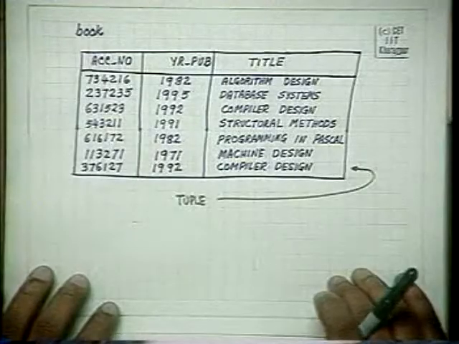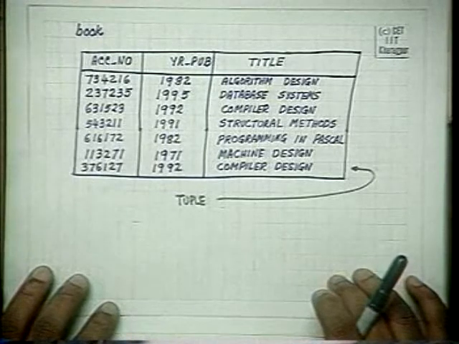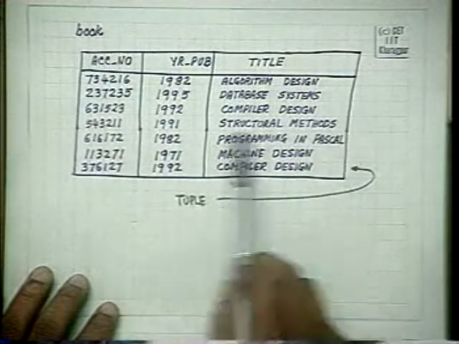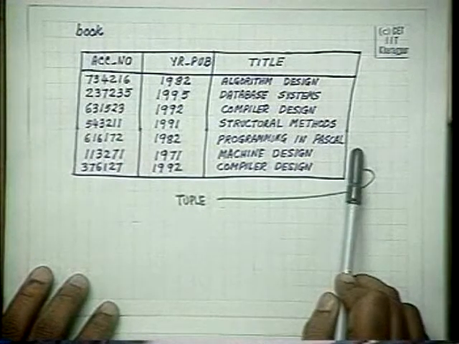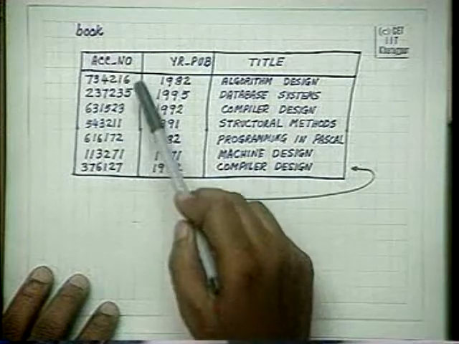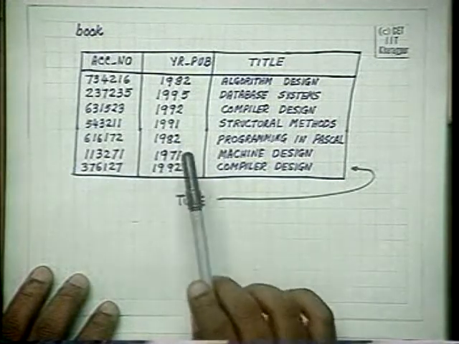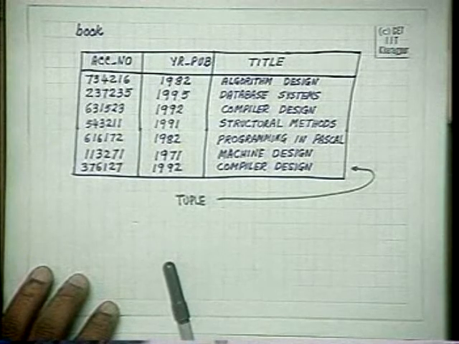The first operation is the select operation. Now let us see what the select operation does. The purpose of the select operation is to identify a set of tuples which is part of a relation, and to extract only these tuples out.